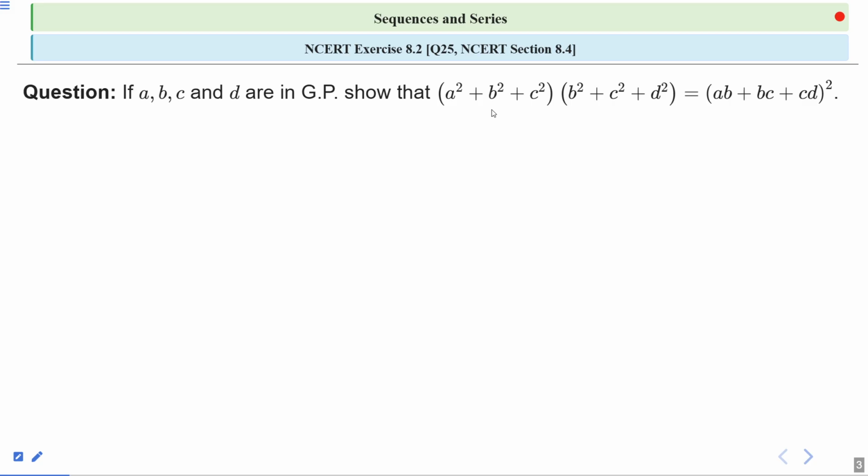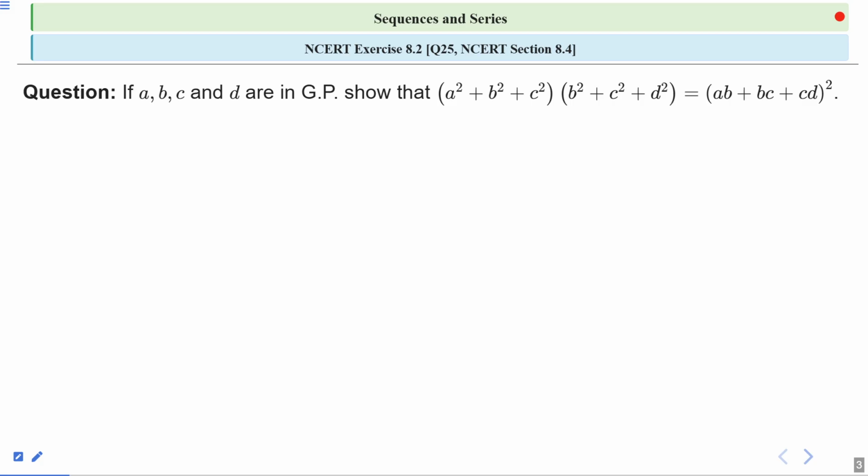So how can you show this? Think about this, and I'm going to give you some hints to do it yourself. Here you can use the geometric progression. You have 4 terms A, B, C and D, so you can write the common ratio B over A is equal to C over B. That is the first equation.